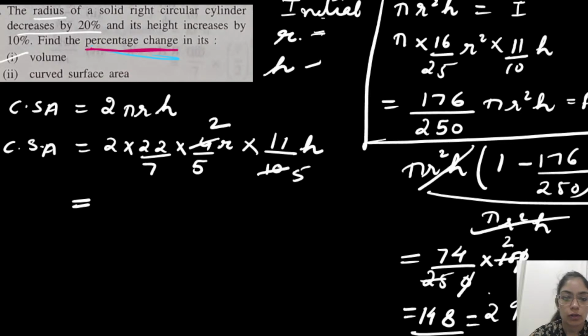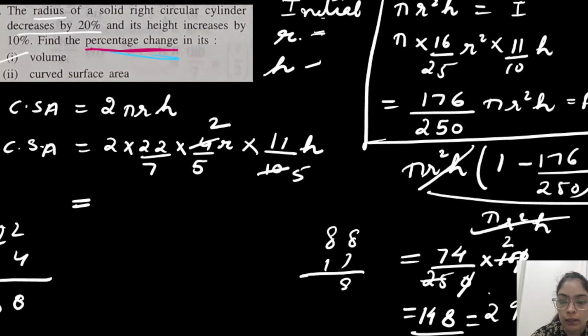So 2 into 2, 4. 4 into 22 we will just multiply. 4 into 22 is 88. 88 into 11 we will have to multiply. 88 into 11, so this will become 968.